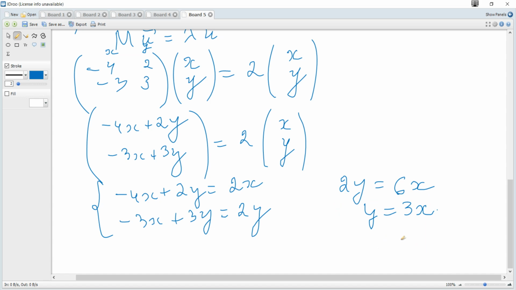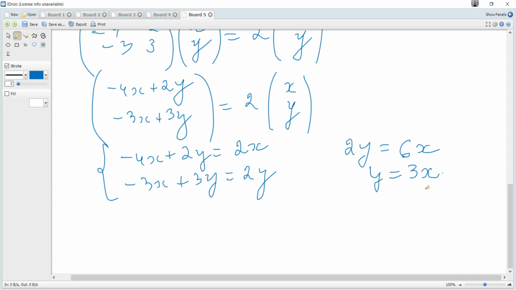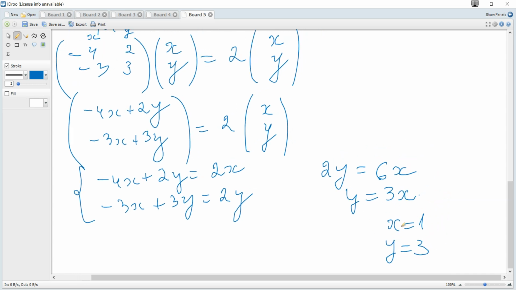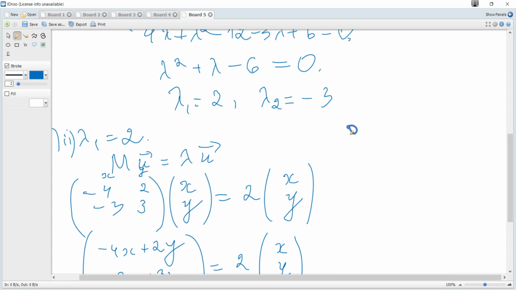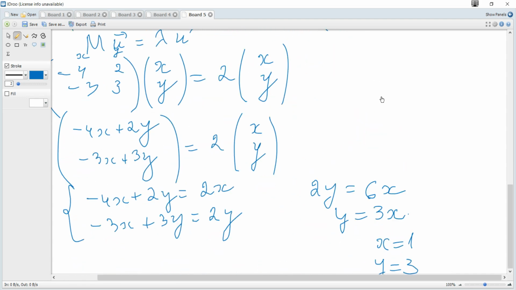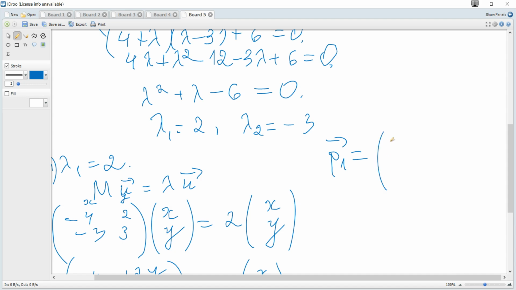And usually we take the least integers for x and y, and we can choose, for example, x to be 1 and y becomes 3, and it's the required eigenvector corresponding to lambda, which is 2. So p1 is (1, 3).